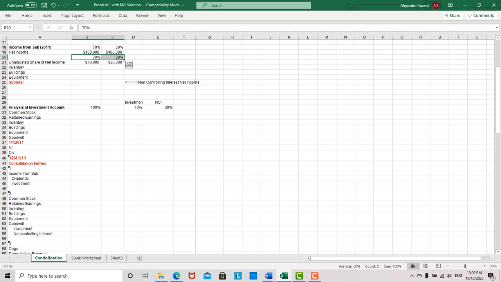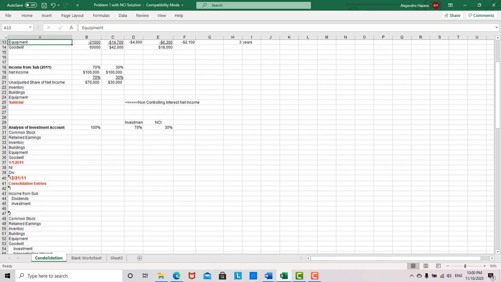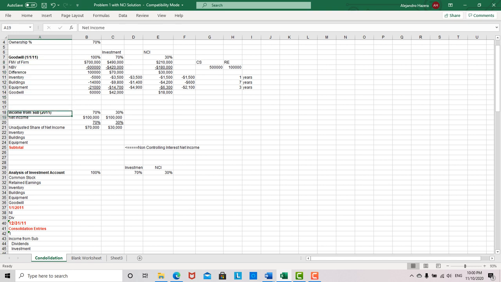And then we'll bring down our adjustments. Our adjustments are going to be right from the goodwill calculation above. So our adjustments for the parent, for inventory, I'm going to write off the entire 3,500 share of undervalued inventory. The buildings, I'm going to be writing those off over 7 years. 1,400 is 70% for the parent.